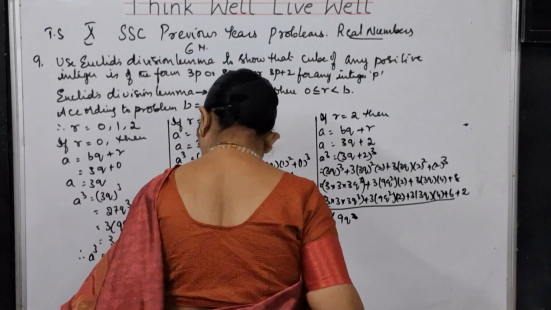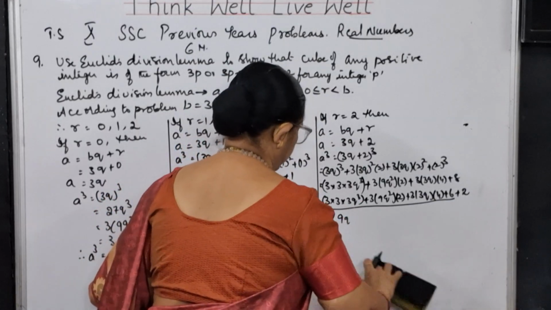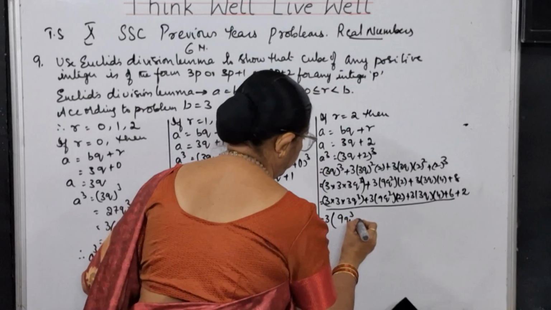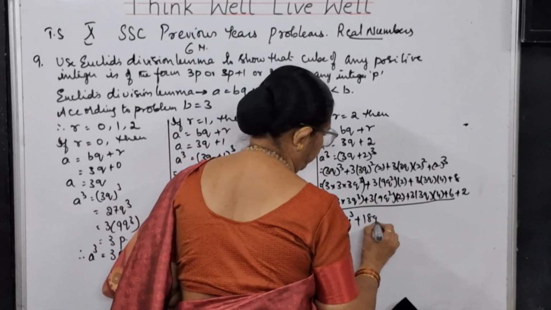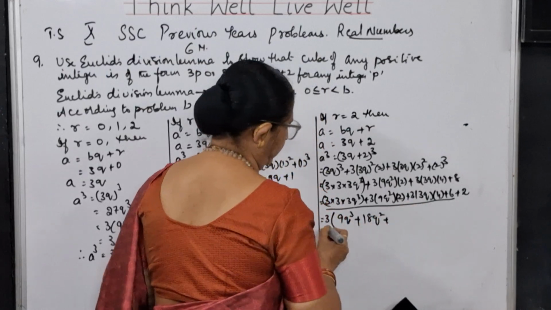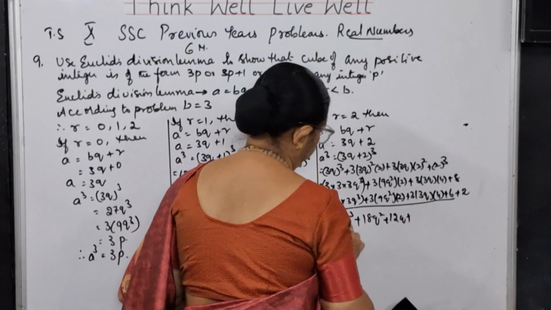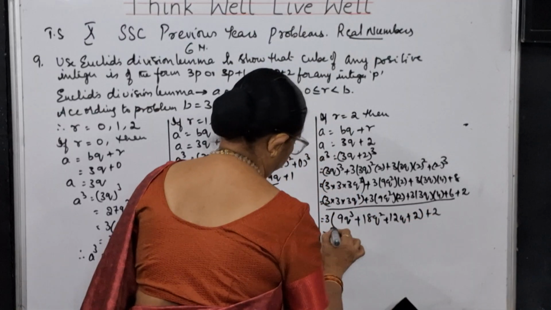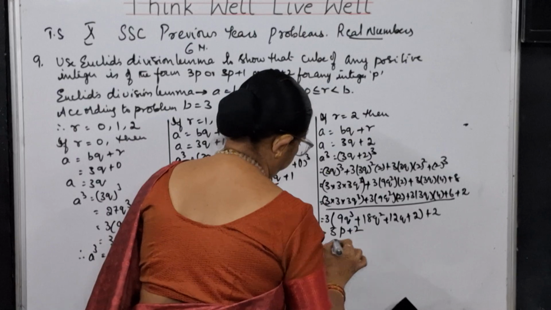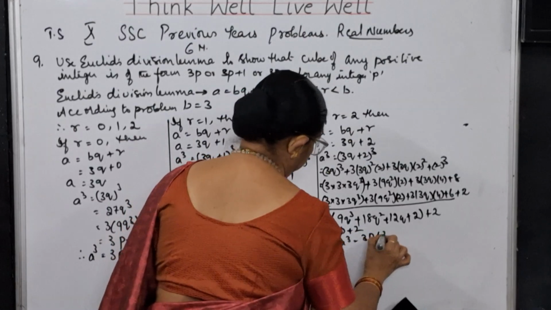It is 9q cube plus 3 is out, 18q square plus 3 is out, 3 4s are 12q plus 3 2s are 6 plus 2, that is 3p plus 2. Therefore, a cube is equal to 3p plus 2.